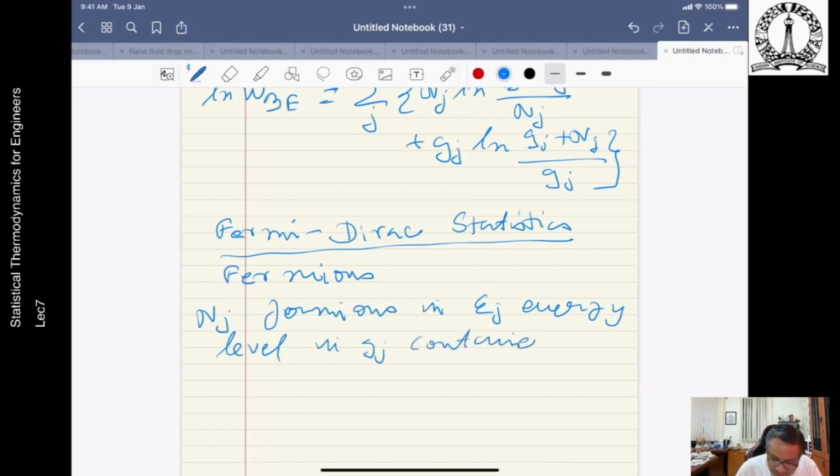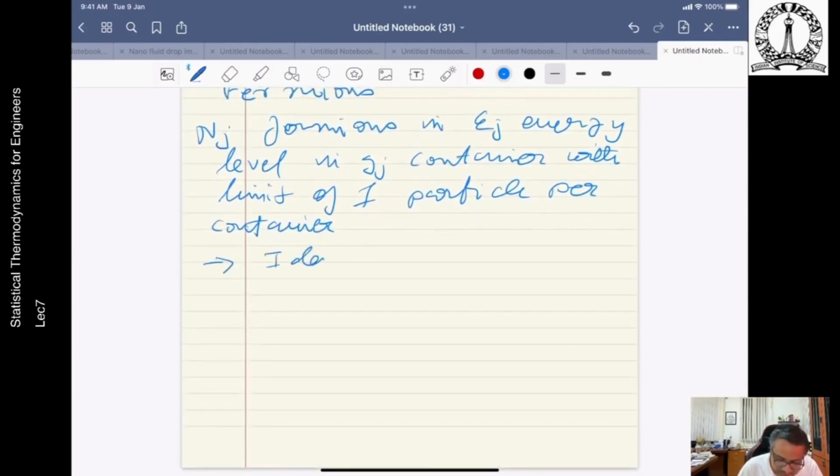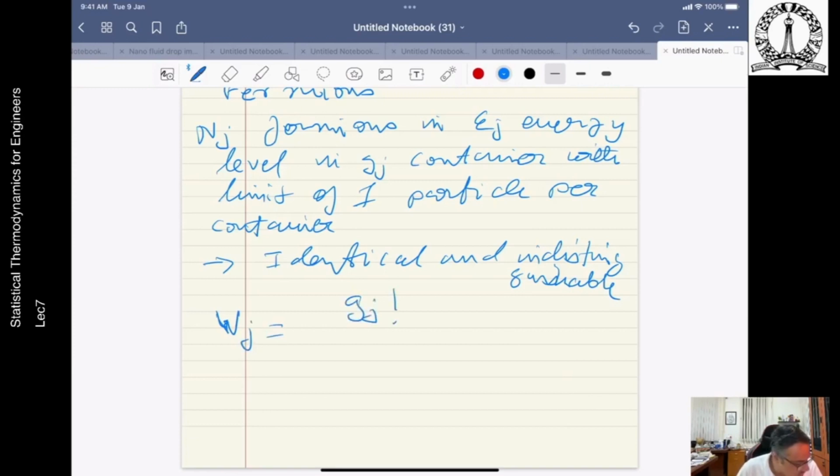But this time we have a limit of one particle per container, and they are of course identical and indistinguishable. All right, so Wj is equal to Gj factorial divided by Nj factorial times (Gj minus Nj) factorial.